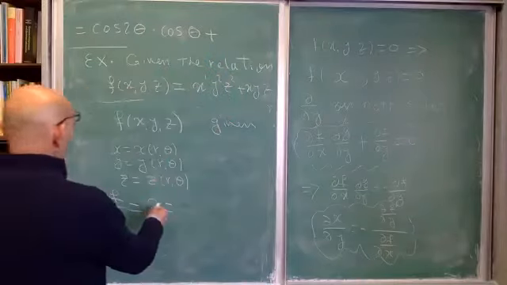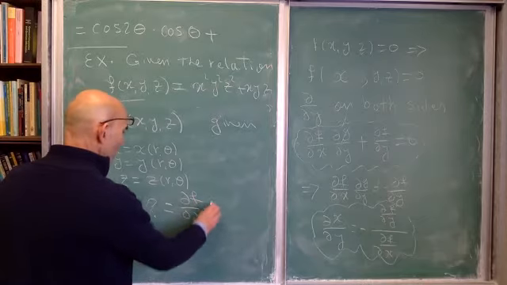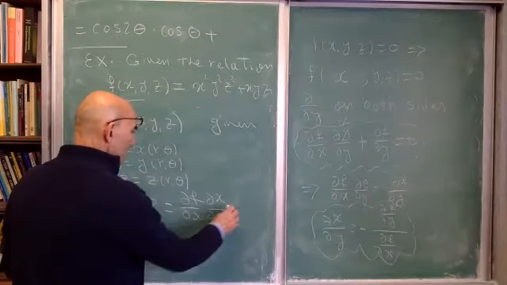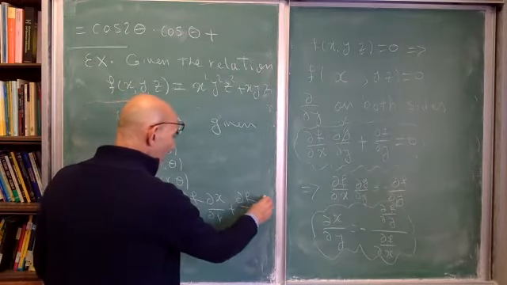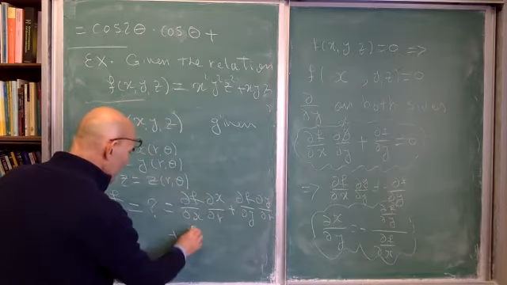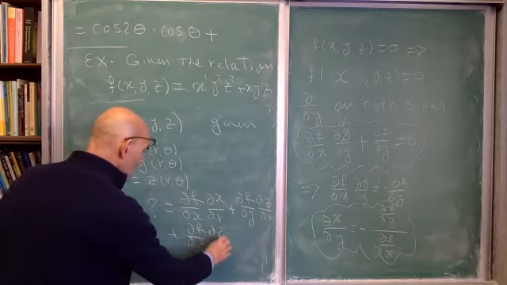Chain rule tells us that this is equal to df/dx times dx/dr, plus df/dy times dy/dr, plus df/dz times dz/dr.